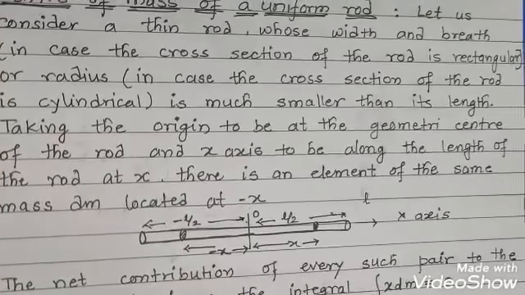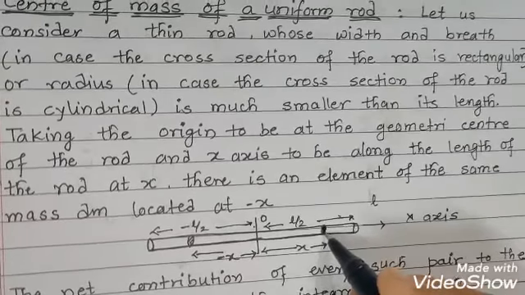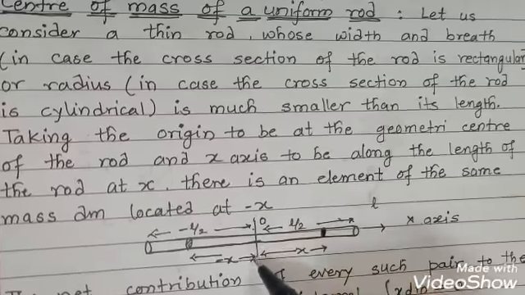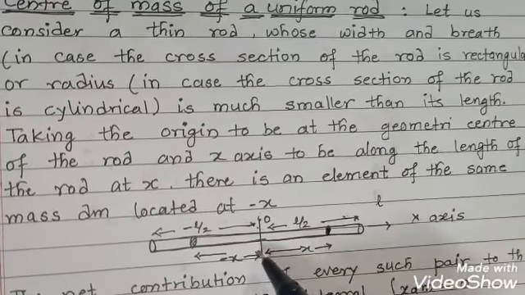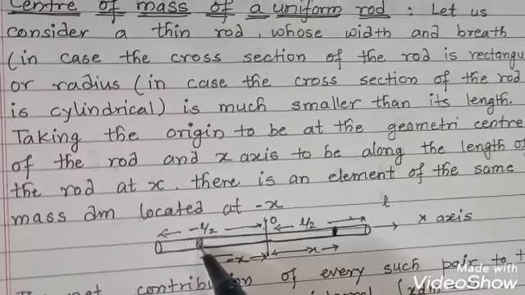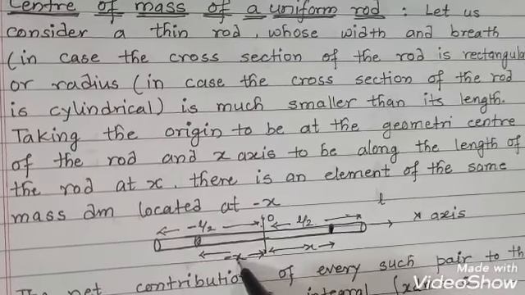So in such a situation we have taken here an element. This is a small element dm of the rod, which is at distance x from the origin. So you will find another element dm of the same mass at distance minus x.